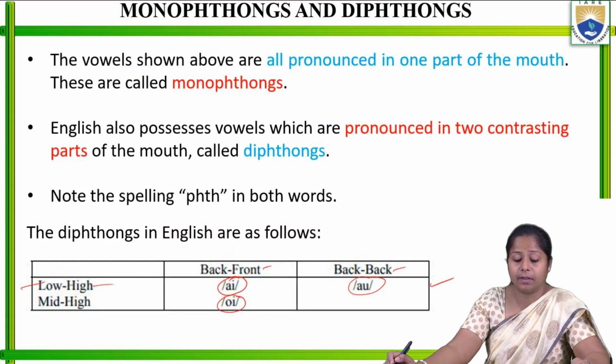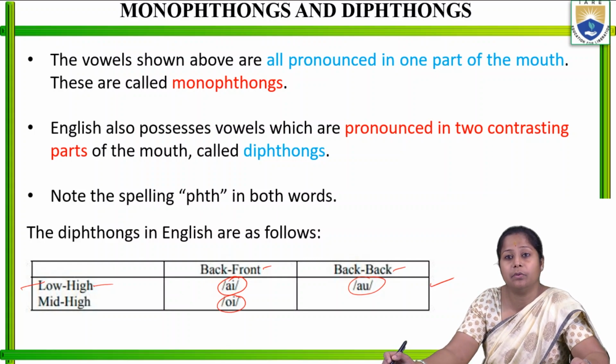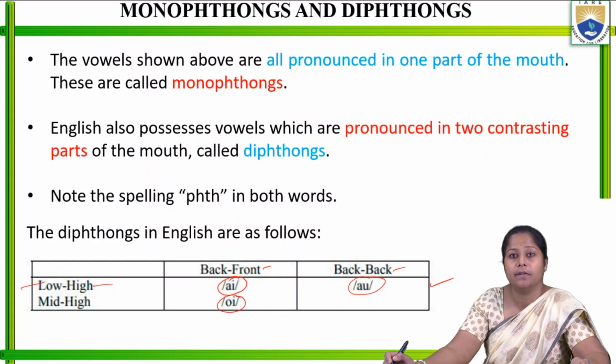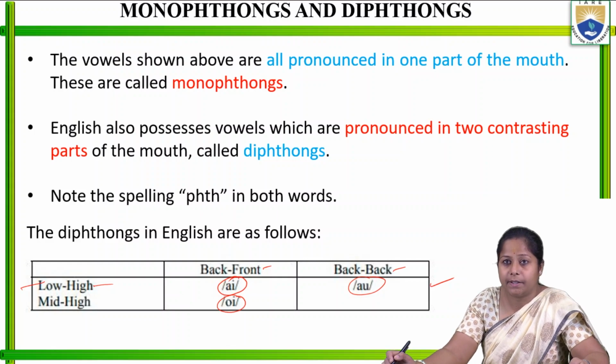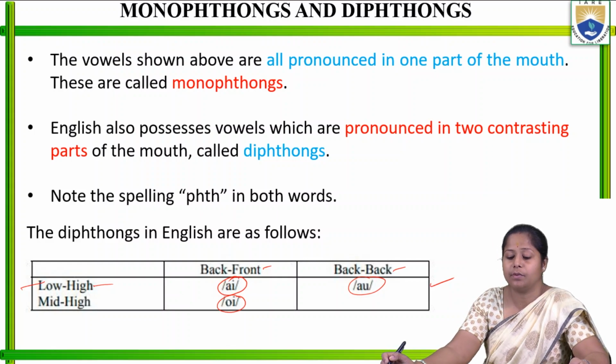When the spelling PH, TH is used in both words, whenever we need to sound like that, we need to classify it as diphthongs or monophthongs.